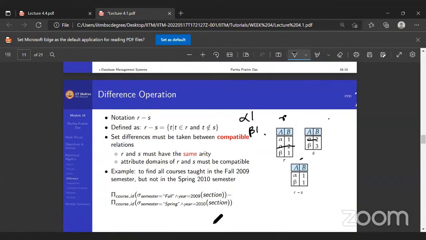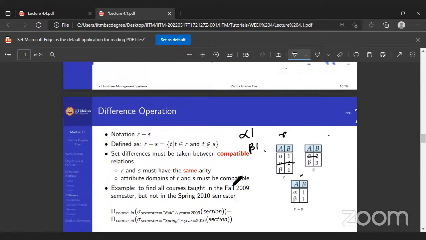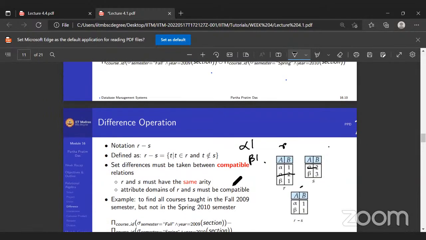If the question is like this: the course IDs taught in the fall 2009 semester but not in the spring 2010 semester. Whenever you see 'except' or 'not', can anyone tell what the SQL query is for this?